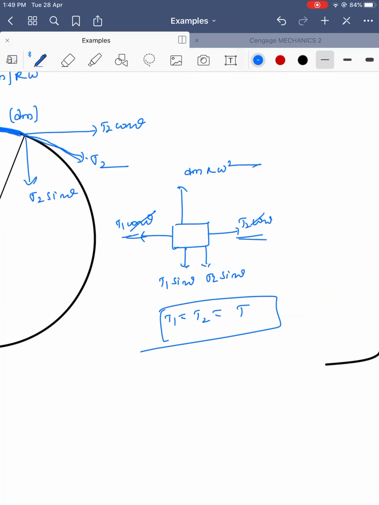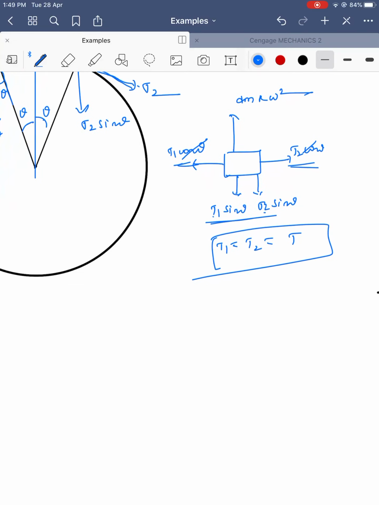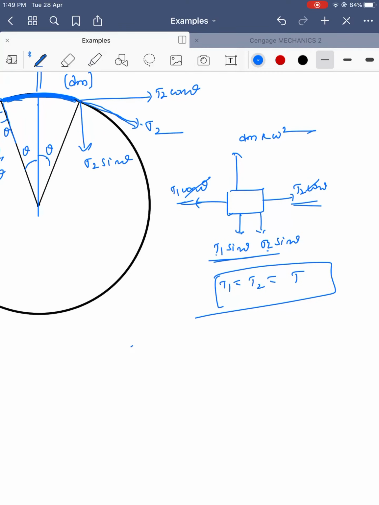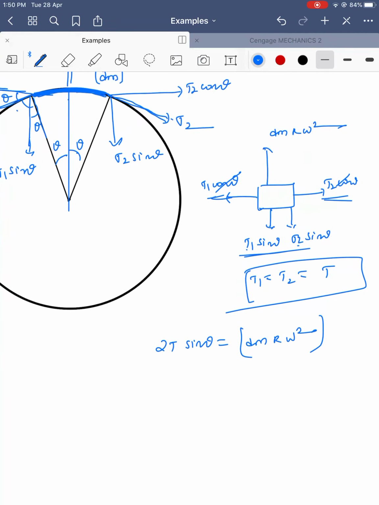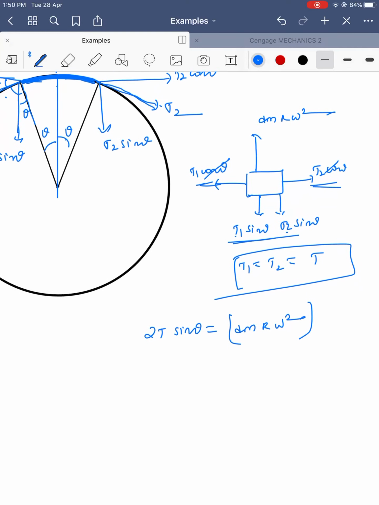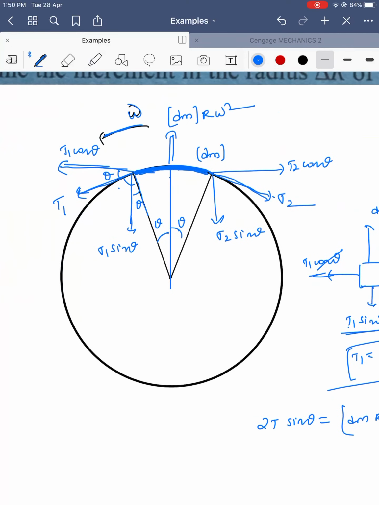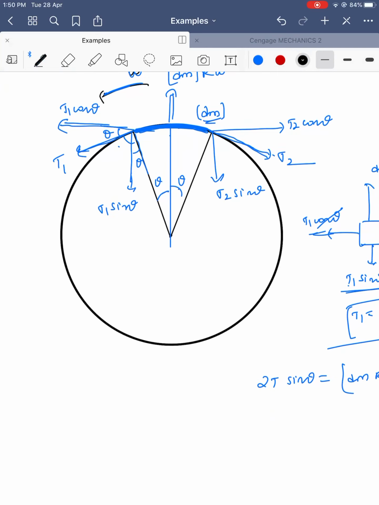Next, T1 sin theta plus T2 sin theta is equal to 2T sin theta. So 2T sin theta is equal to the upward force dm into r omega square. What is dm? It is the mass of a small section. How to get the mass? Mass per total length, m by l, is equal to dm by dx.